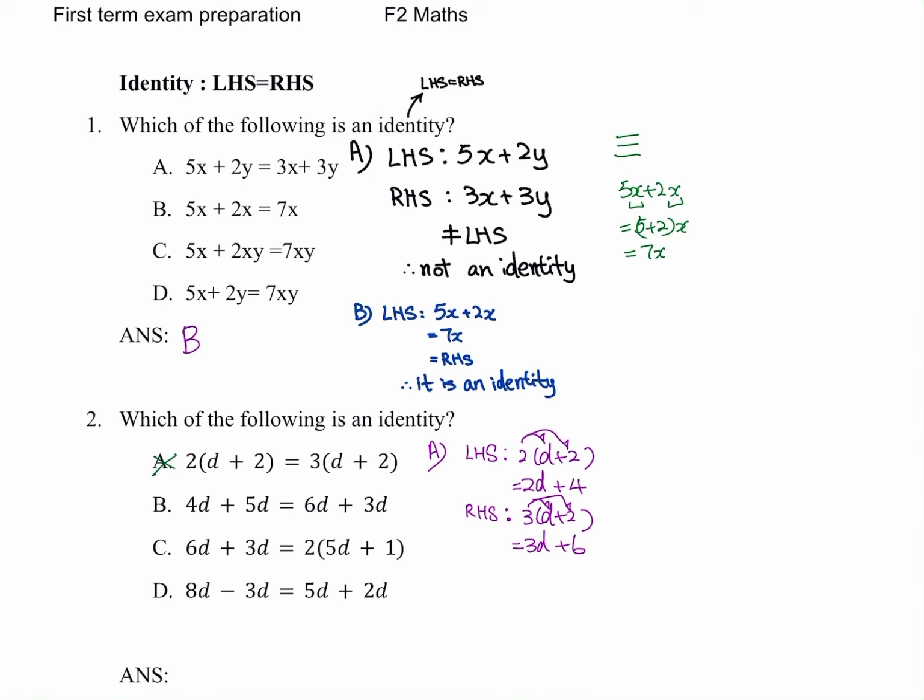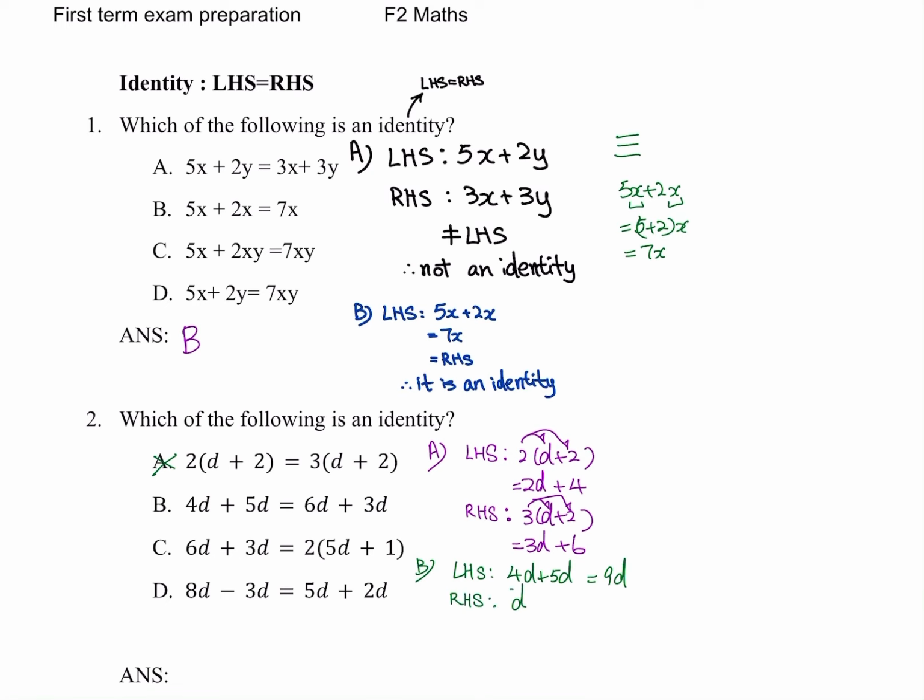Now let's check the second option, option B. On the left hand side we have 4d plus 5d. Do they have the same terms? Yes, they both have d, so you can combine them together. 4 plus 5 will be 9d. How about the right hand side? Let's also check.